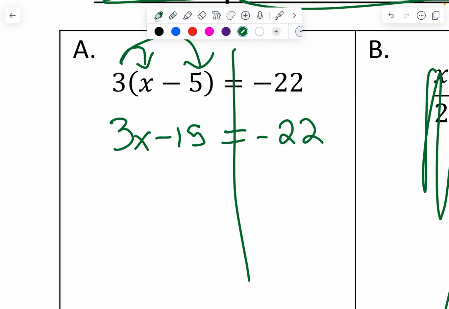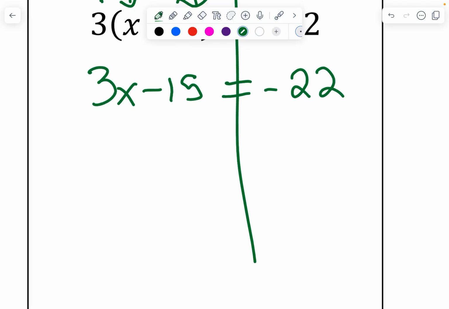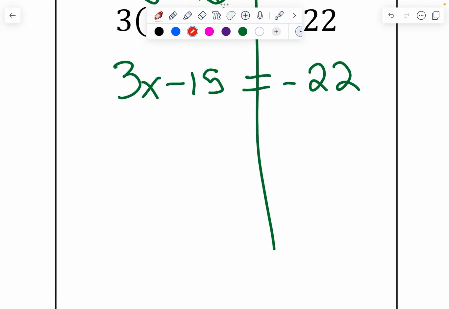Now, the last review was on expressions because there's no equal sign. This one's on equations. Whenever we have an equal sign, we got to solve for the missing variable, the missing letter. In this case, it's the x. Our goal is to work backwards.